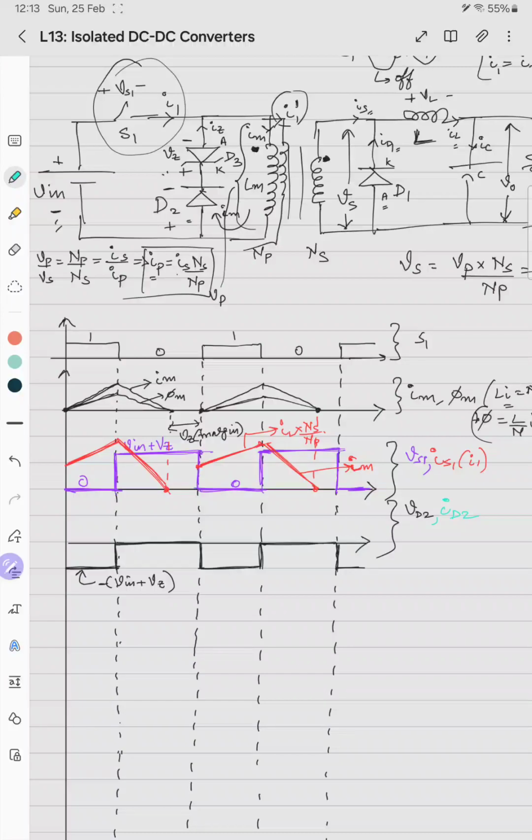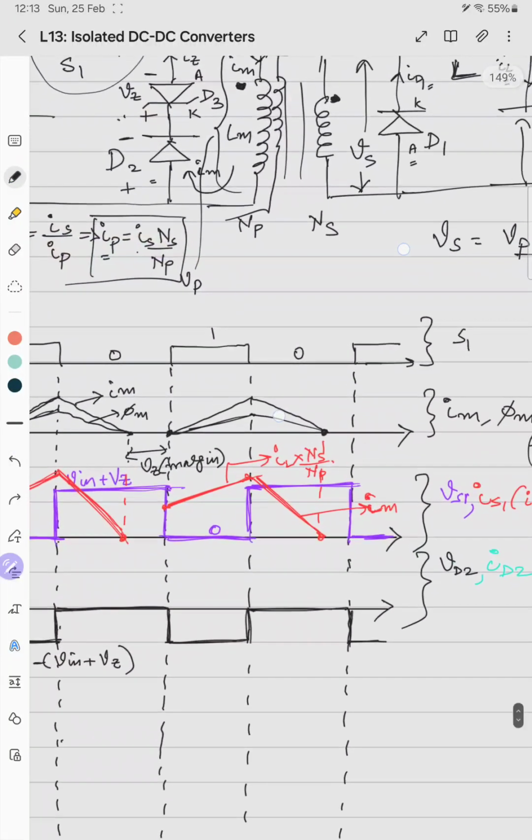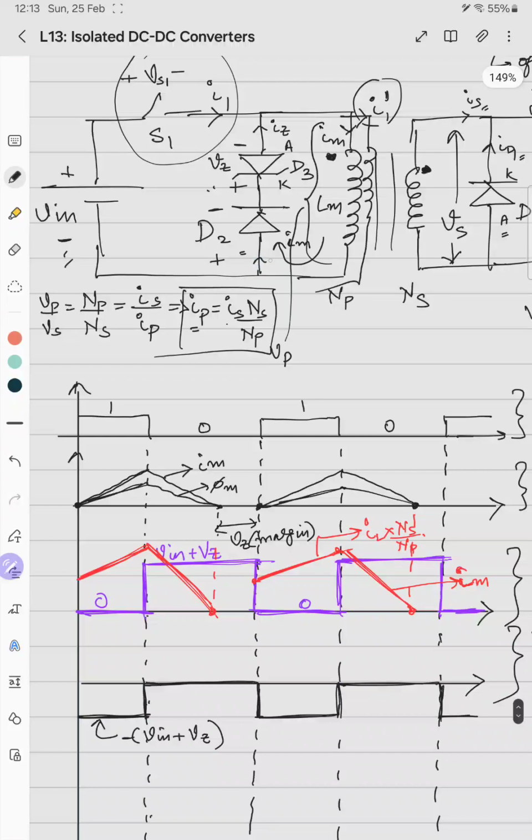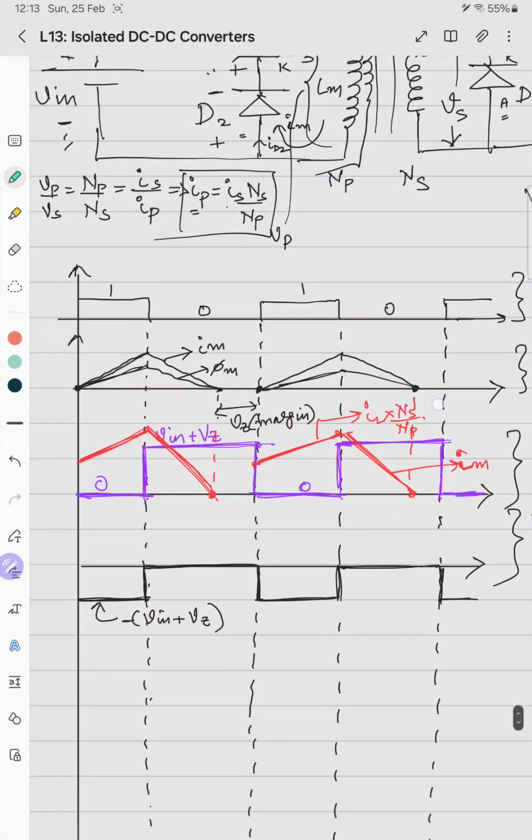Im is magnetizing, but there is no role of diode D2 and the Zener branch in the forward bias. So the current becomes 0. This is the ID2, in this fashion. The current becomes 0.